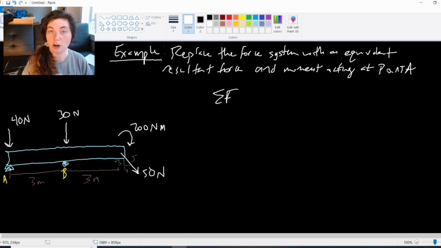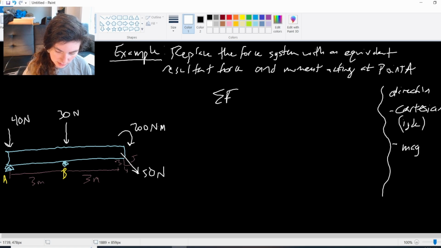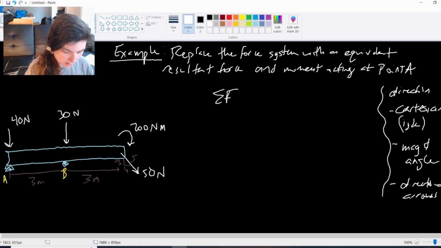We can do it in Cartesian form, that's our IJK form. We can give a magnitude and the angle. Or we can give just directional arrows. So for this one, I'm going to go ahead and do the sum of my x forces, in the positive x direction this way.